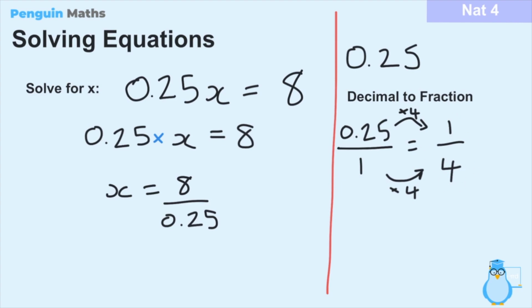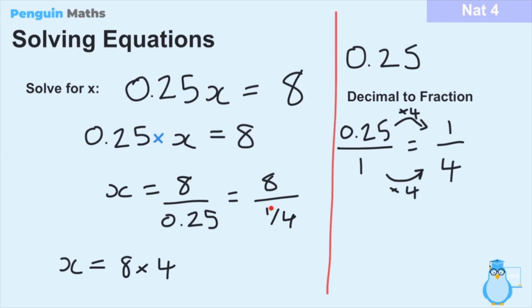So what does that mean for this? That means that we can rewrite this as 8 divided by 1 over 4, and if we're dividing by a fraction, that means that we can change this to 8 multiplied by 4, because if you're dividing twice, as we can see here, we have the first division and then the second division.